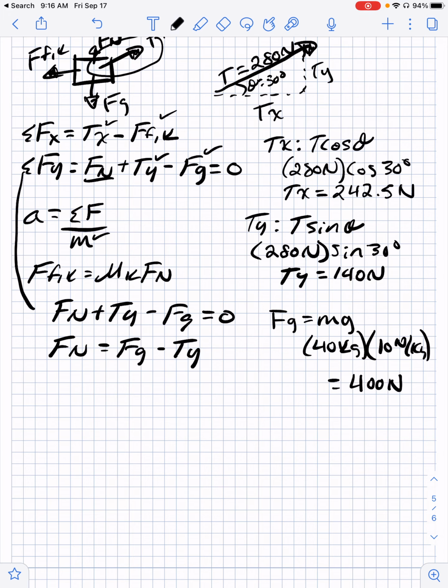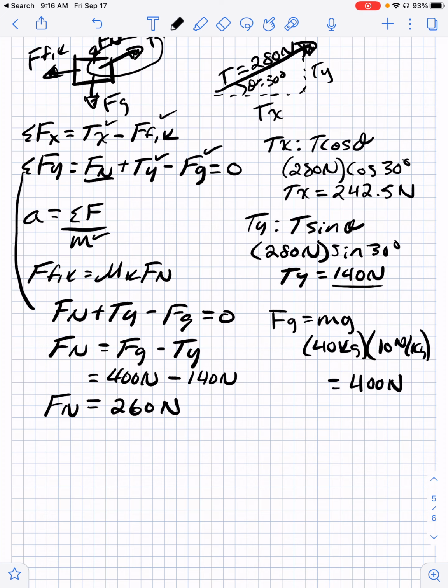So your normal force is equal to 400 newtons minus your Ty, which we found over here, which is 140 newtons. So your normal force is just going to equal 400 minus 140. You end up with 260 newtons.